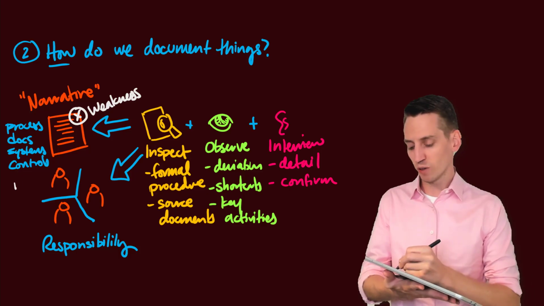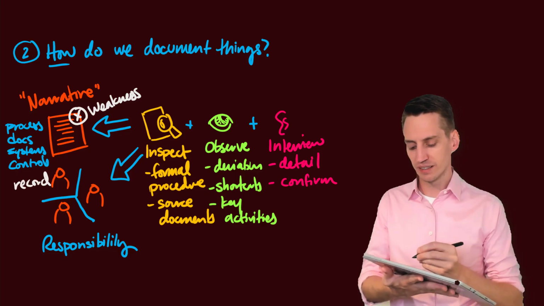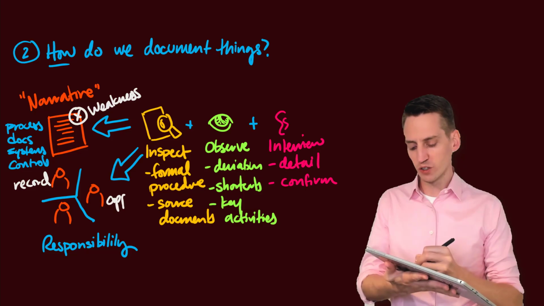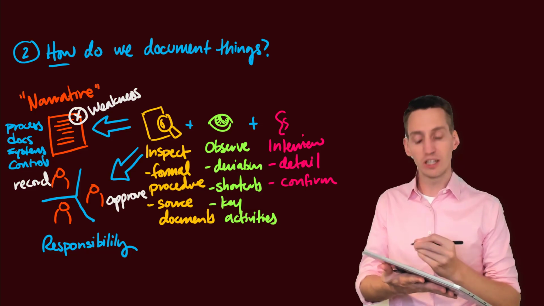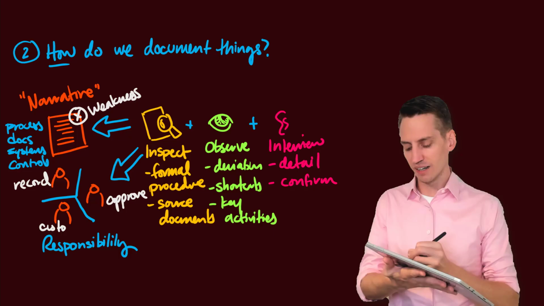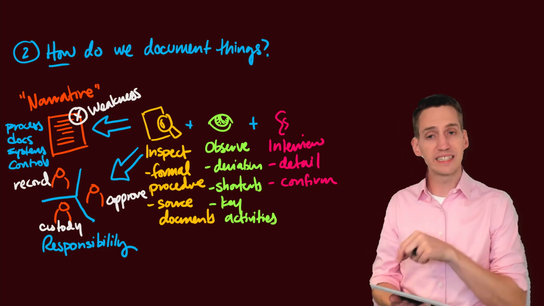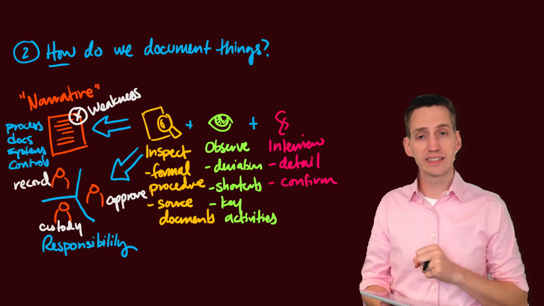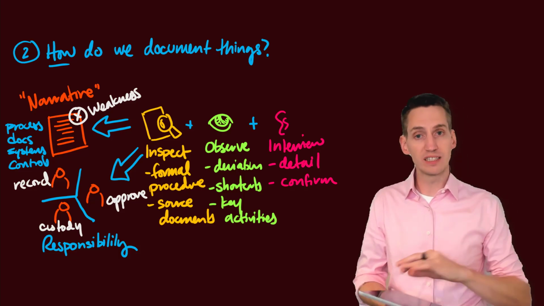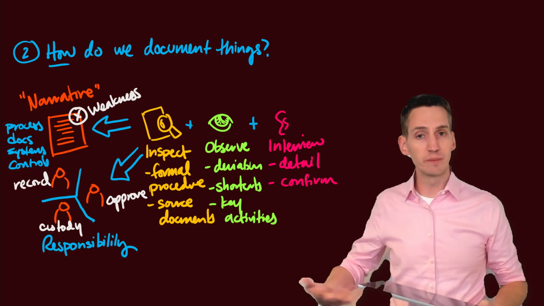As a review, we should have one employee record the transaction, another employee approve the transaction, and someone else who has physical custody of the asset or the document. So documentation will help us identify whether that is being met or whether we can improve the process by separating out some of this responsibility to eliminate some of the risk.